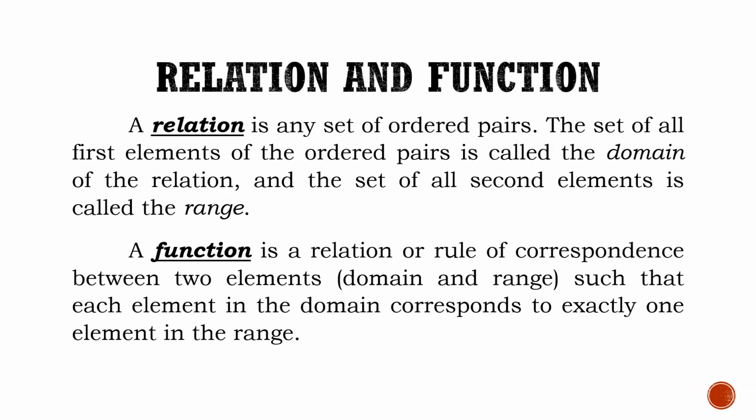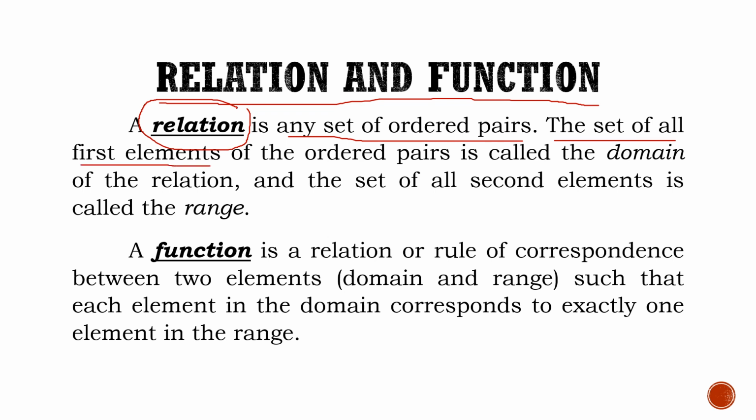So let's go now with the formal definition of a relation and a function. A relation is any set of ordered pairs. So meaning to say if there's a set of ordered pairs, there's an involvement of your x and y values. The set of all first elements of the ordered pair is called the domain.